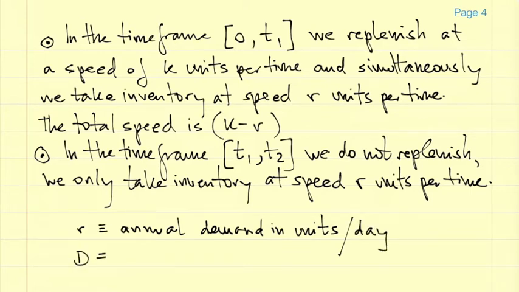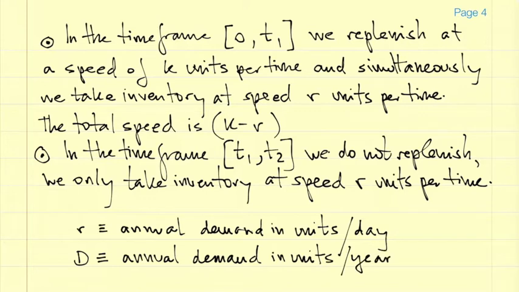D is the annual demand in units per year. K is the production rate of an item.